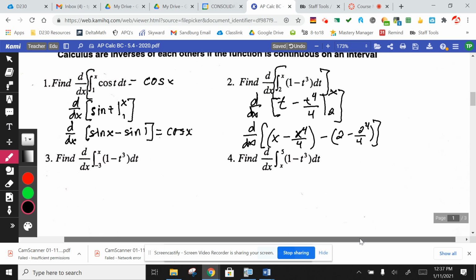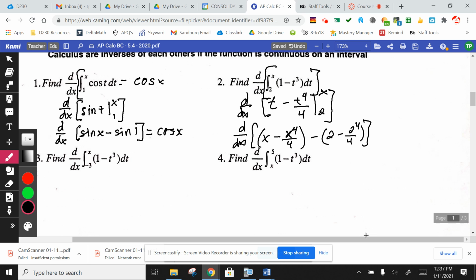The reason there is no need to clean that up is because when I now turn around and take the derivative of all of that, the derivative of x would give me a 1. The derivative of x to the 4th over 4, you multiply by the 4, the 4s are going to cancel, should just give us an x cubed. The reason there was no need to clean this up is because isn't the derivative of 2 and 2 to the 4th, or whatever all that is, all going to have a derivative of 0?